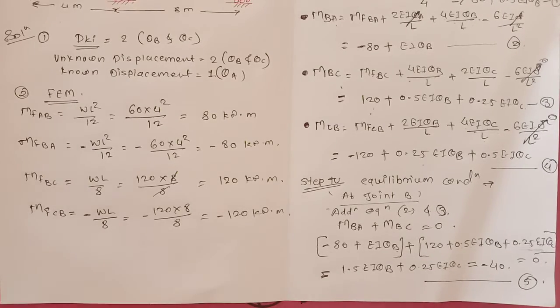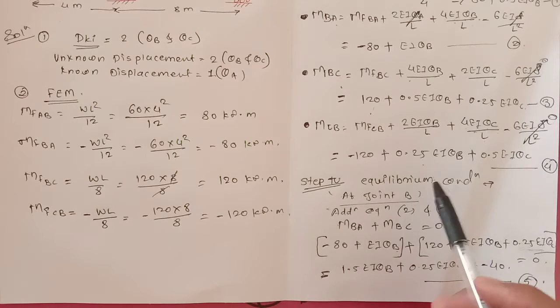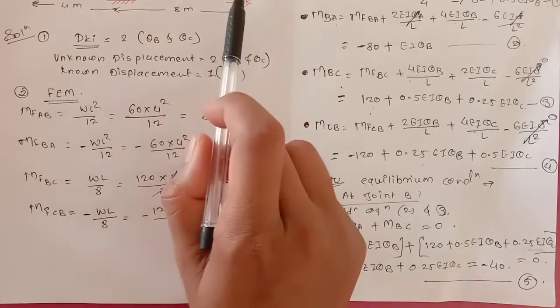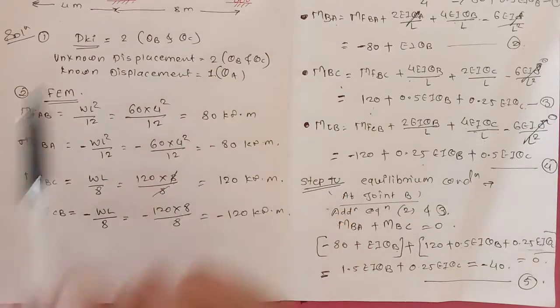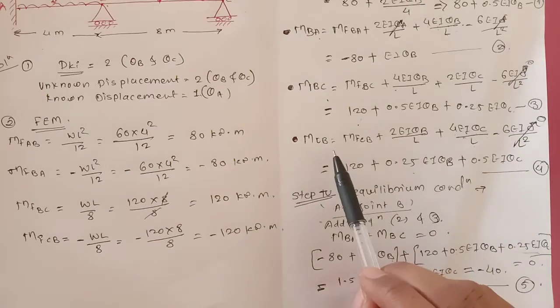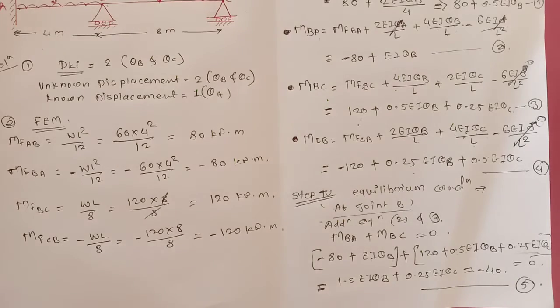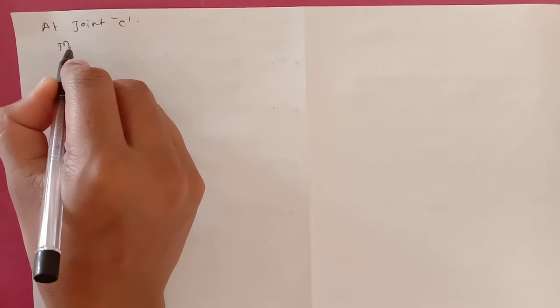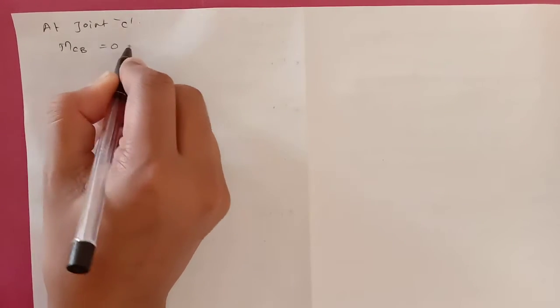Okay, after that applying equilibrium condition at joint C, for the fourth equation, at joint C only one member acts, that is the CB member. So that's why we take only the slope deflection equation for member CB. So here apply equilibrium condition at joint C. So only take the slope deflection equation at member CB is equal to 0.